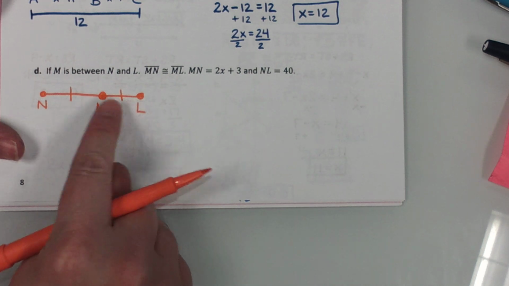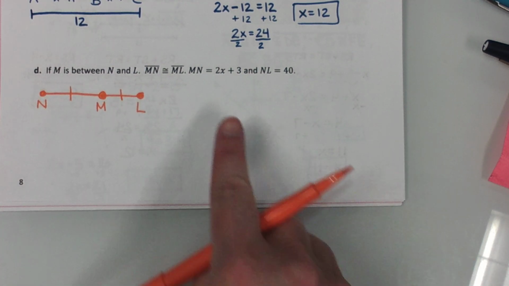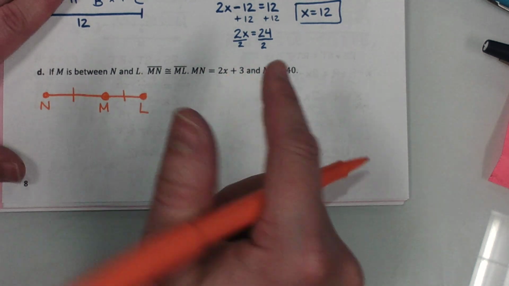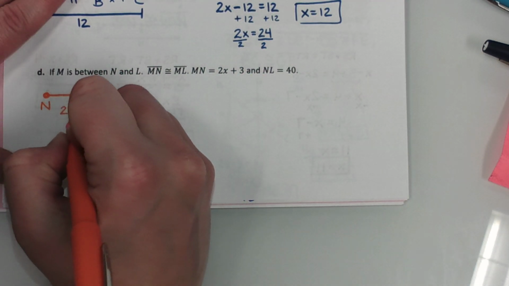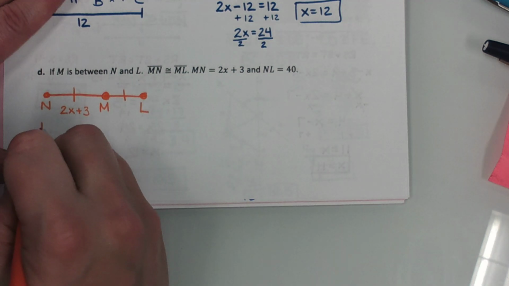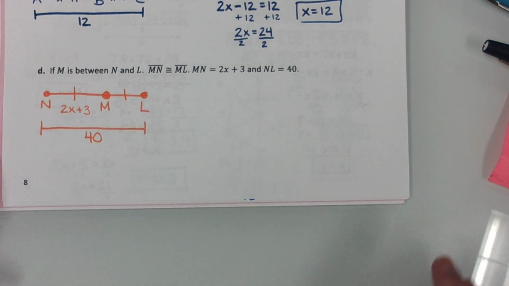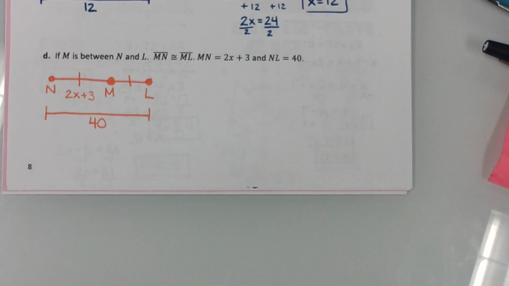Remember last week we had these little tick marks on there indicating they're the same? Now in this one, MN is equal to 2x plus 3. And NL, that's the full thing, is 40. Now according to what we've been doing, the left part plus the right part adds together to get me the full thing.